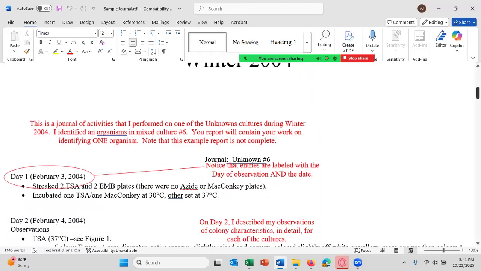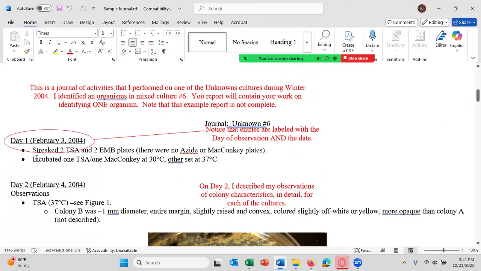And then you should have the day that you have your first data, like February 3rd. This person streaked out 2 TSA plates, 2 EMB plates, and streaked them out for colony isolation.